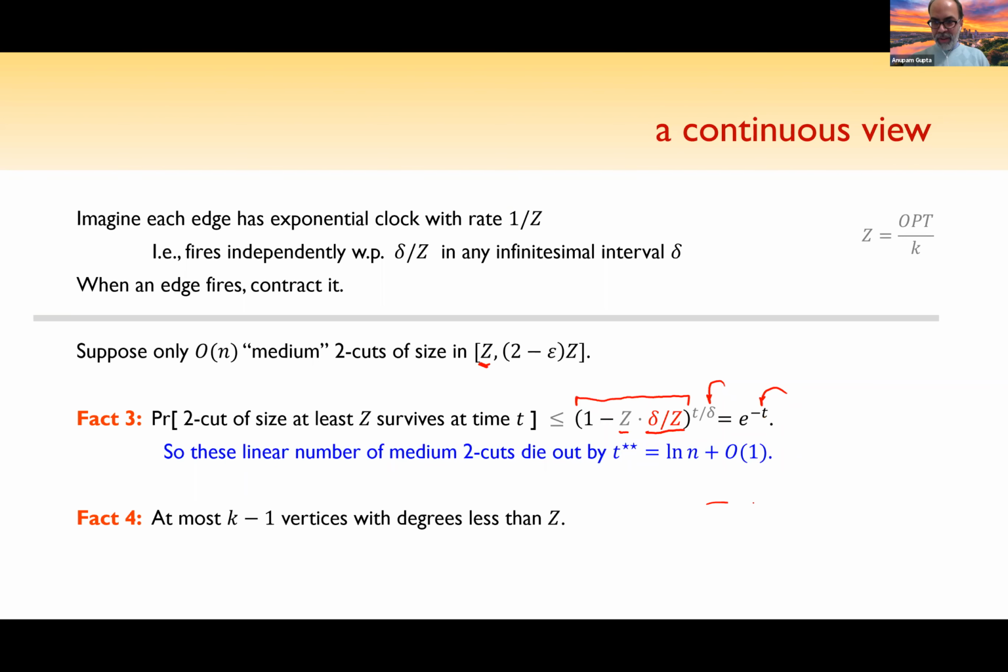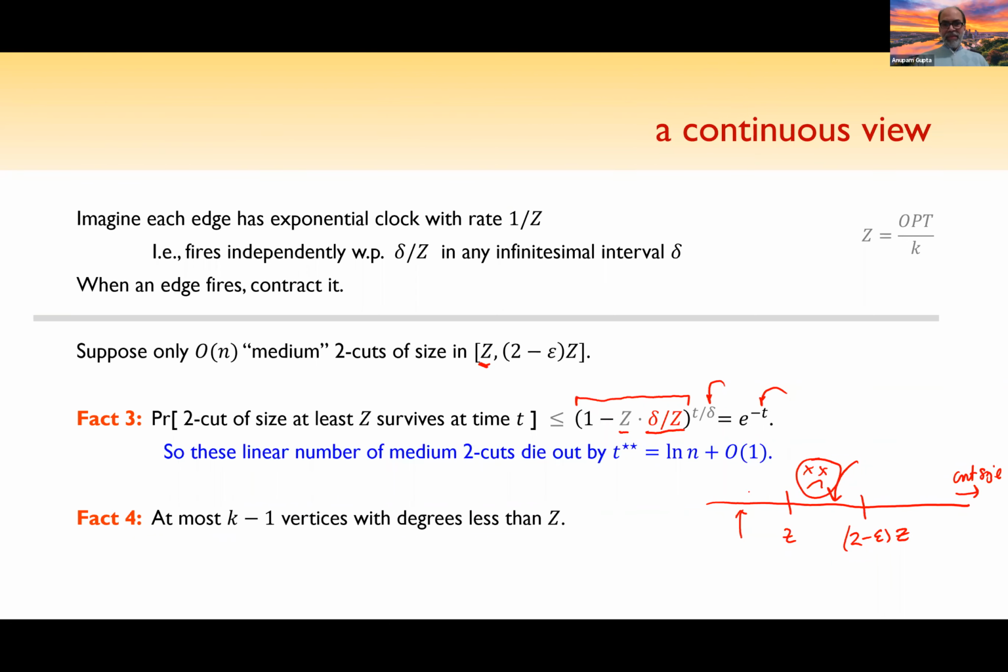So if I write down the size of a cut, so this is the cut size. This was z. This was 2 minus epsilon z. These I said were medium cuts. At time log n, they're all gone. How many small cuts can I have?